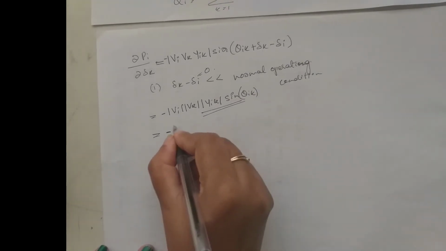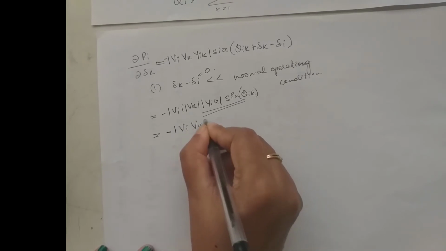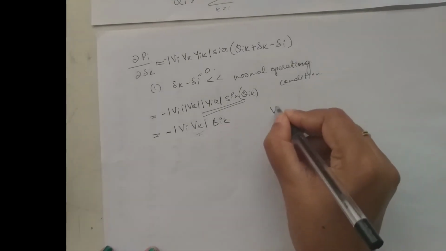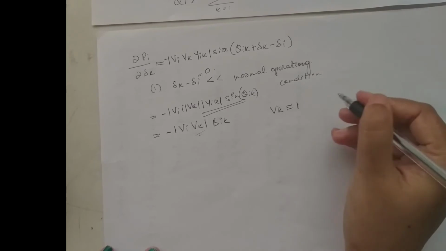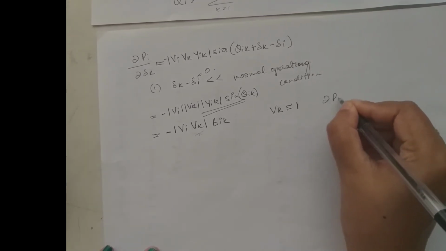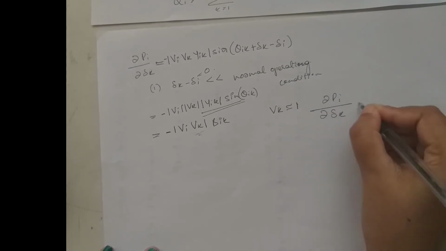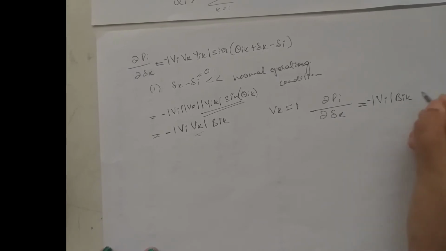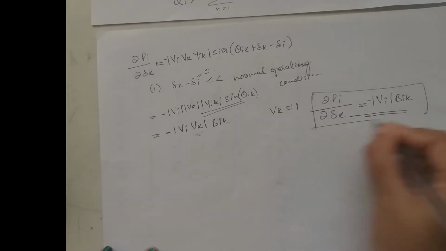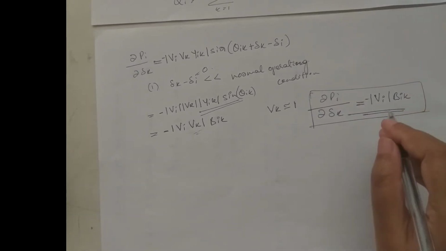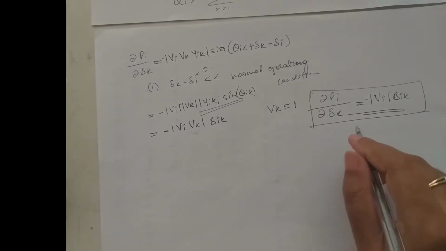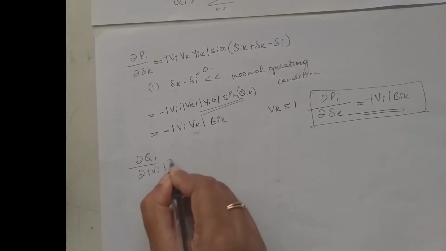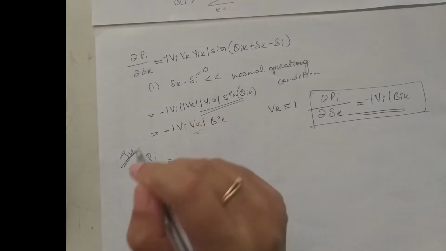So it should be minus Vi Vk Bik. Again assuming Vk is nearly equal to unity, we get delta Pi divided by delta k equal to minus Vi Bik.